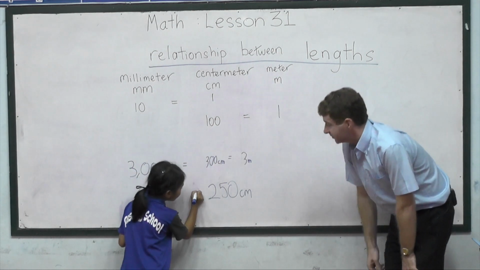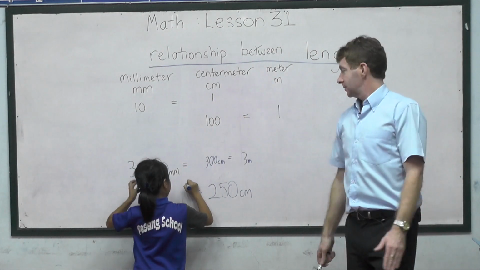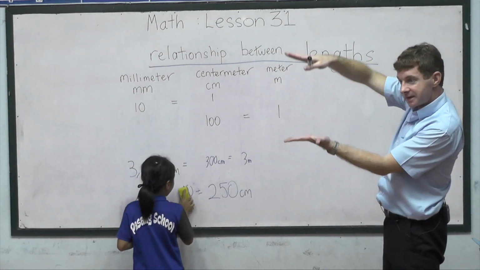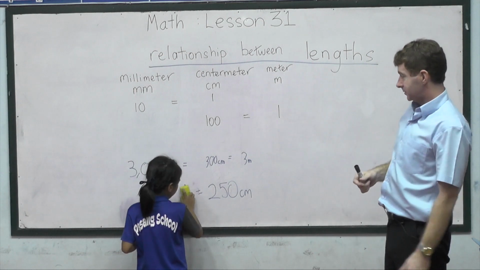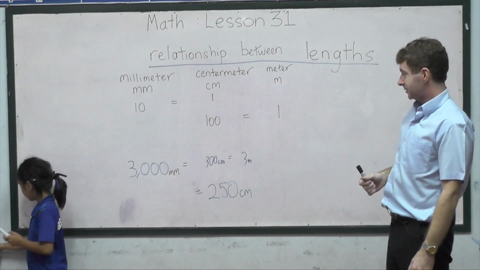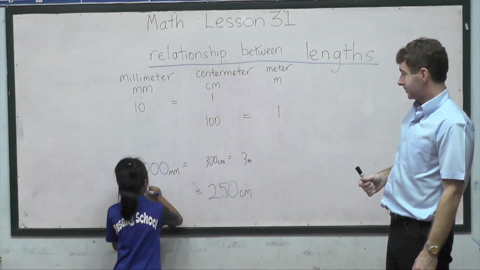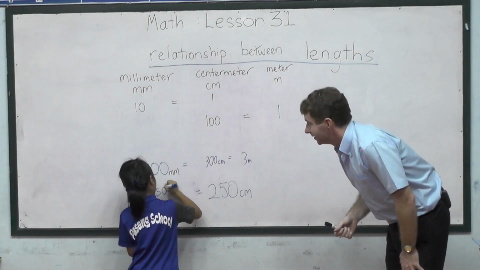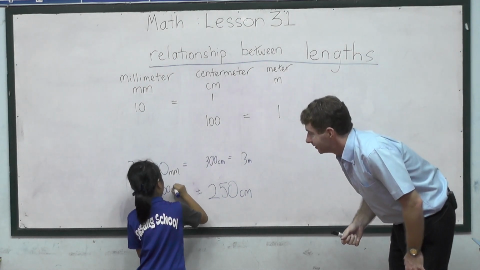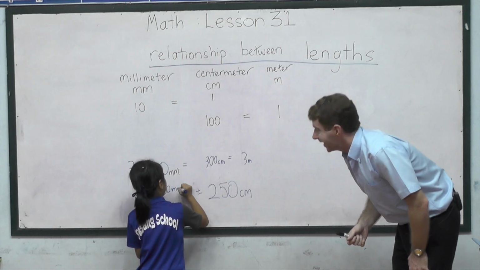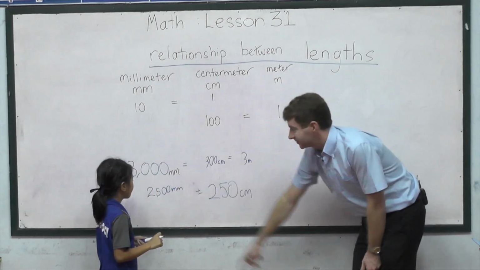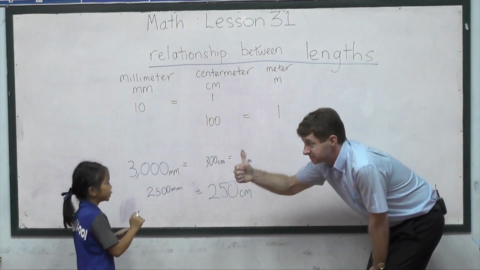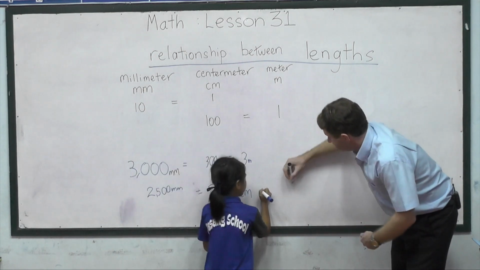So 250 centimeters, not quite 3,000, but more than 2,000, it's in the middle. Excellent. How many millimeters? 2,500 millimeters.